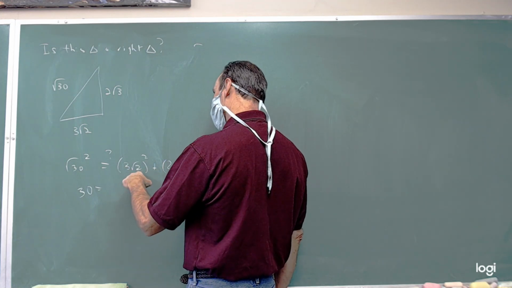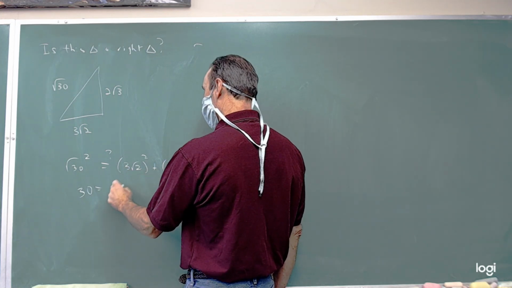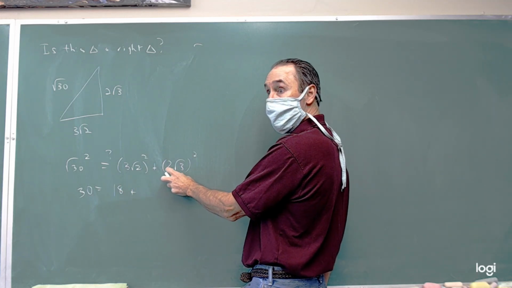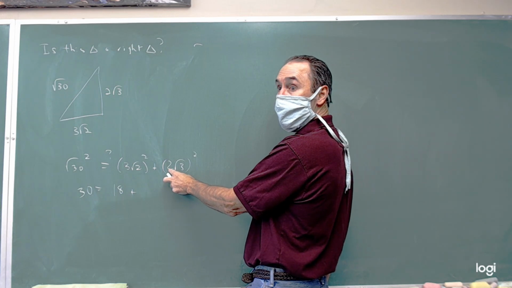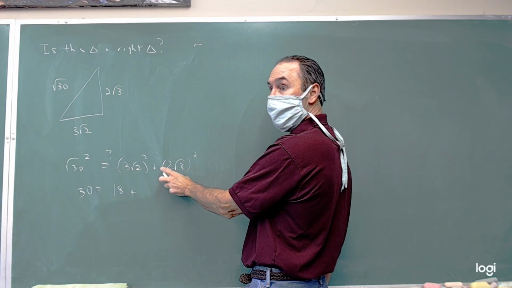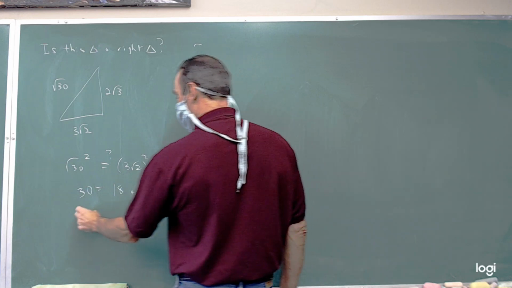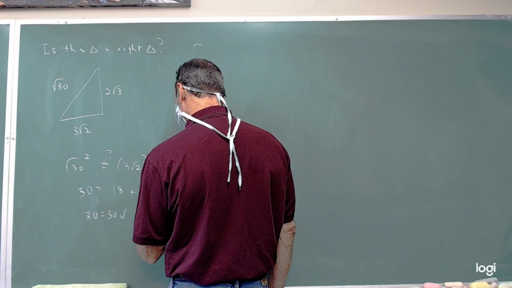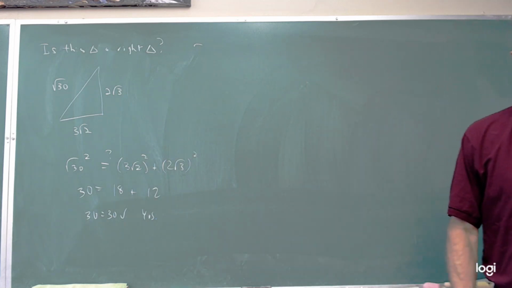That's 9 times 2. Good. And 2 square root of 3, squared, is 2 squared times the square root of 3 squared. So sure enough, that is true. And so our conclusion is yes, it is in fact a right triangle.